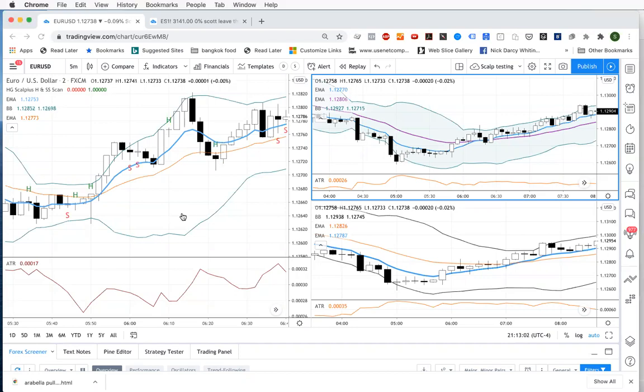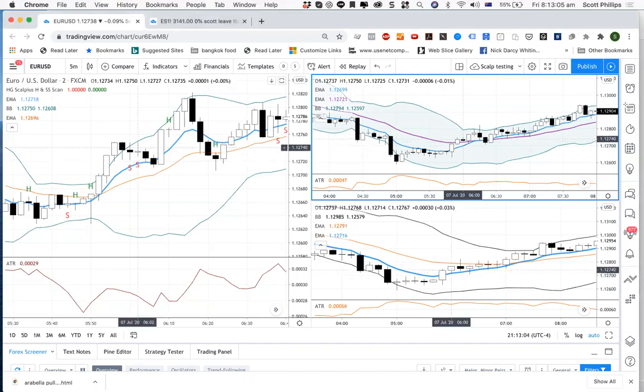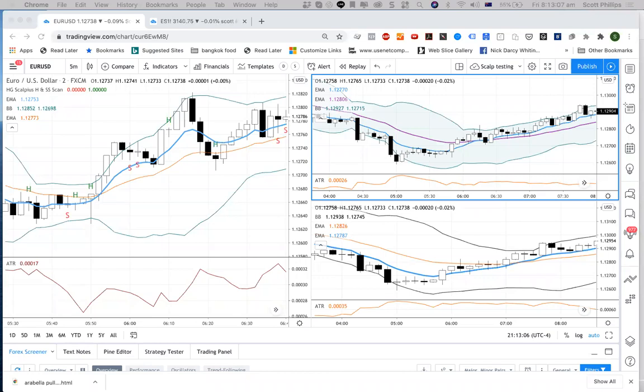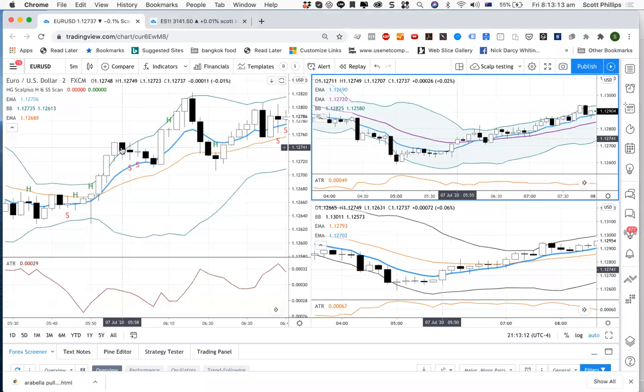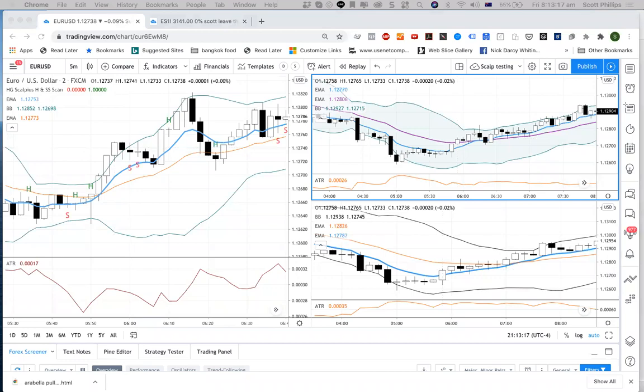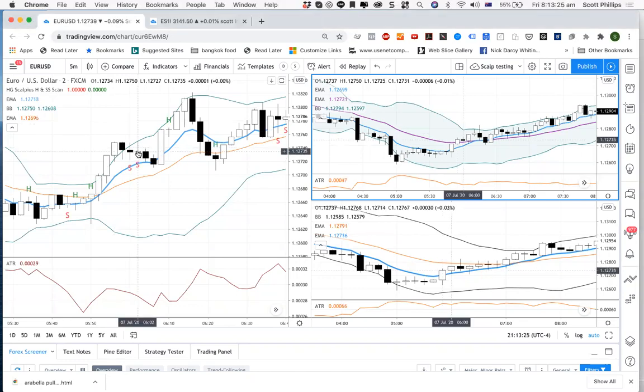Okay, let's look at that. 1.12745. And the high is 1.1275. Now that's 5 pip range. No, that's not right. 1.12725.